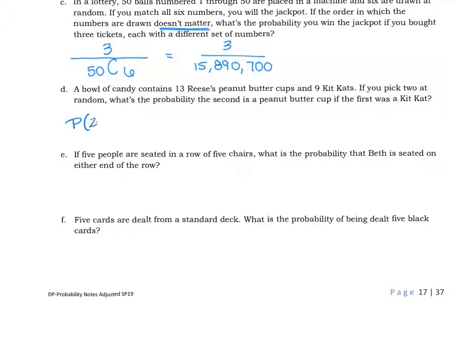We want that the second is a peanut butter cup given that the first one is a Kit Kat, okay? So we know a Kit Kat has been drawn. So again, essentially, there are now 8 Kit Kats in that container with the 13 peanut butter cups. So what is the probability you pull out a peanut butter cup? 13 peanut butter cups out of 21 total pieces of candy.